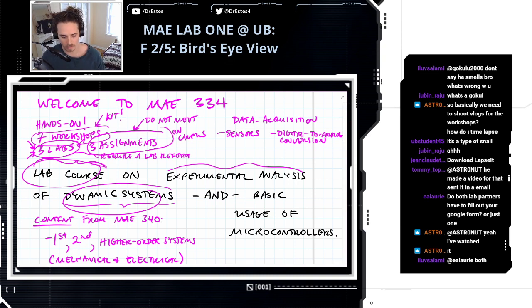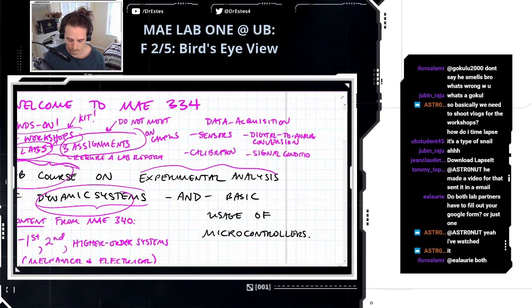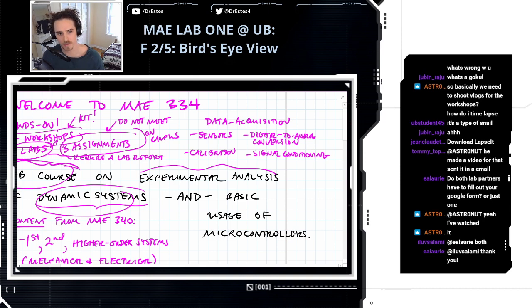We're going to talk about sensor calibration, signal conditioning, like how do we deal with a very noisy signal coming off of a sensor. And we're also going to talk about some measurement uncertainty. So all of that stuff that goes with experimental analysis.